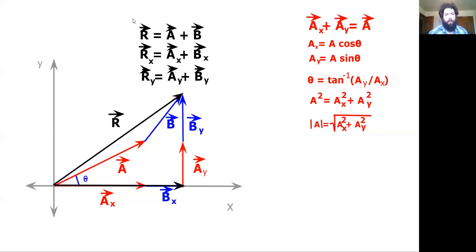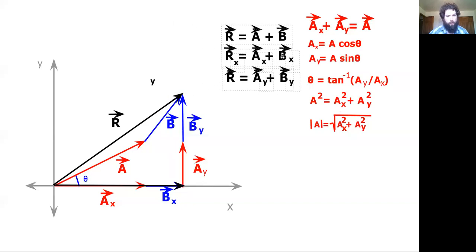Okay, that's really all we need to know. We'll put this over with these. And so if we want to find the length of R, then we would plug it into this equation. So R squared is going to equal Rx squared plus Ry squared. I'll go ahead and label these on here.